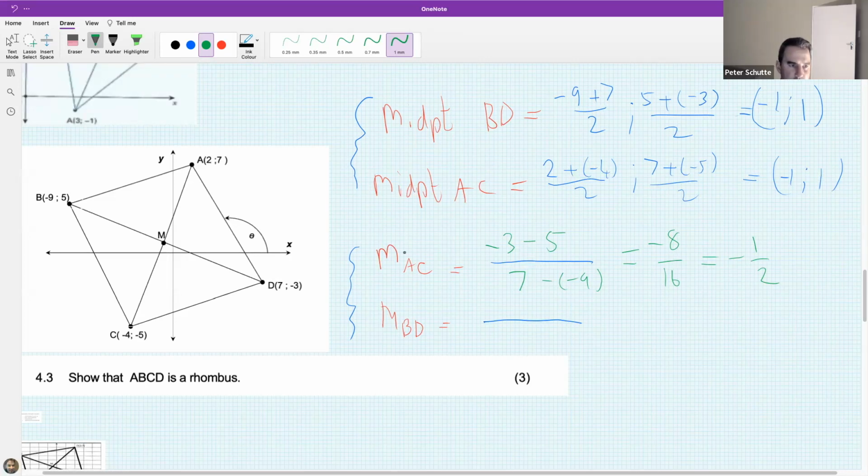I just found the wrong one there. Wait, -3. So minus, oh, that should have been BD that I just worked out. Now what about AC, the gradient?